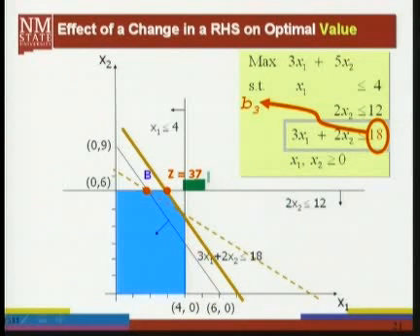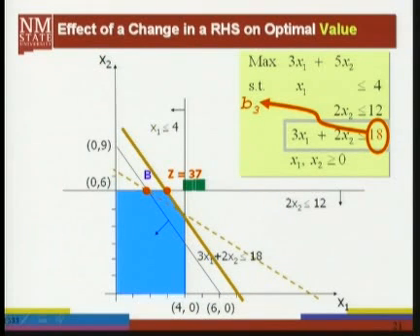With the improvement of 1. Of course, the plant number 2 and number 3 constraints are still binding in this feasible region, right? And the corresponding objective function value is improved by the dual price of 1, right?